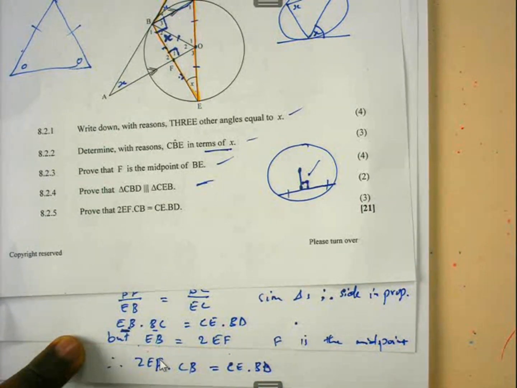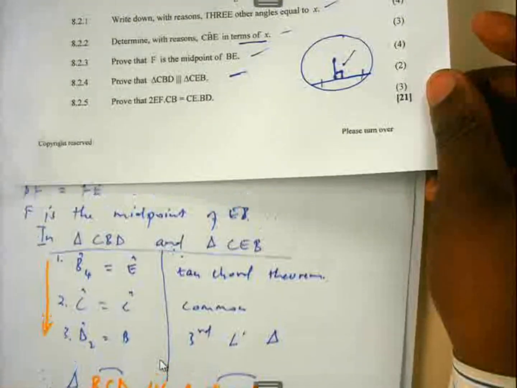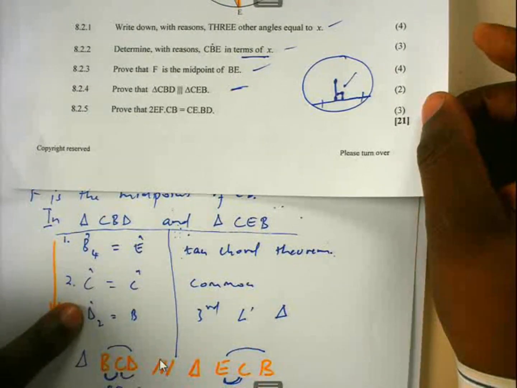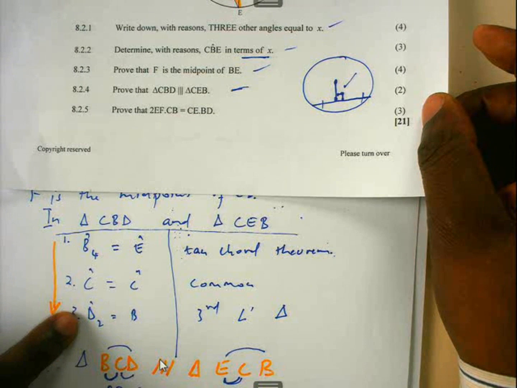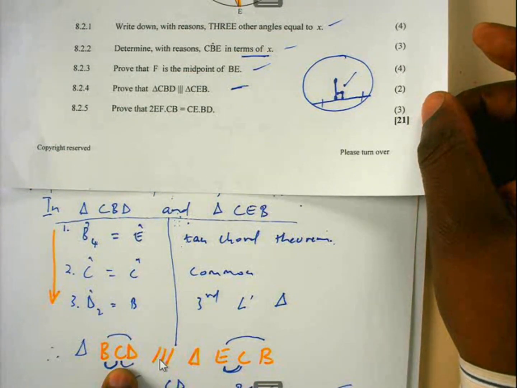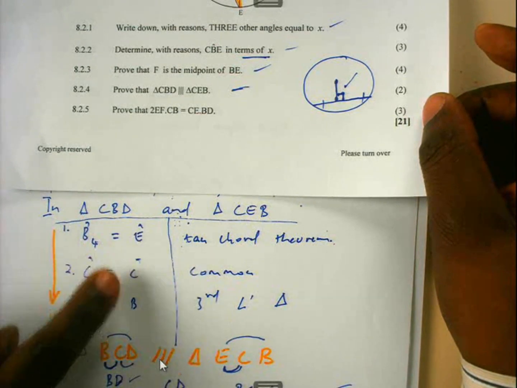Please go through this again with your teachers, but it was important for me to explain what we have done here for similarity. The moment you write your angles with the correct reasons, you must write the order of the triangles in that same order: triangle BCD is similar to triangle ECB.